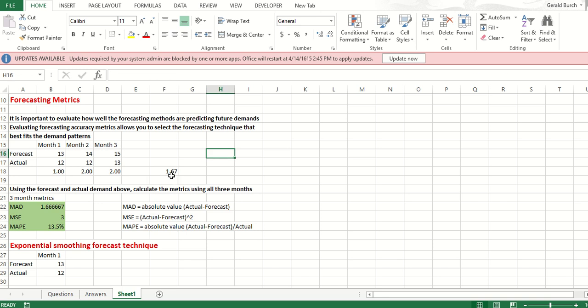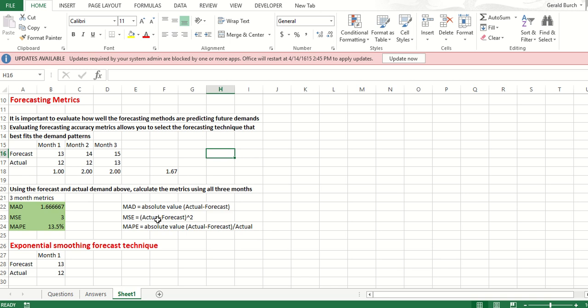So there we have it. 1.67 is what's really going on. What does that mean to me? What it means is that on average, I'm off by 1.67 units over those 3 months. Hopefully that makes sense to you from that perspective. Okay, once again, that is just one way to calculate a forecasting metric. That's MAD.